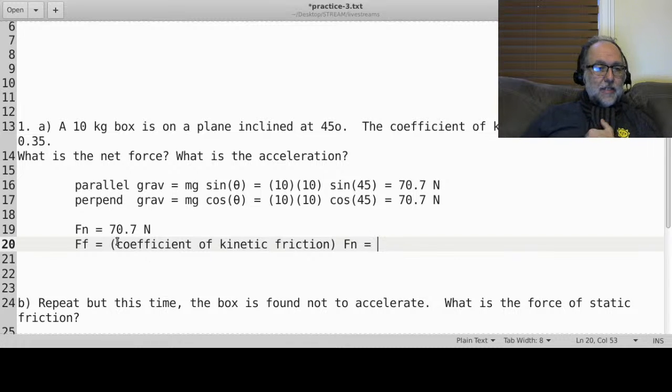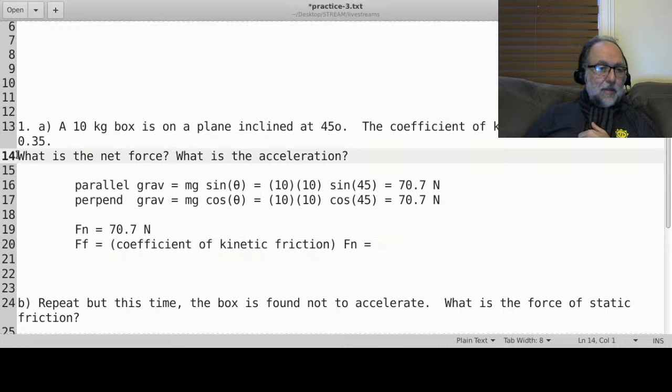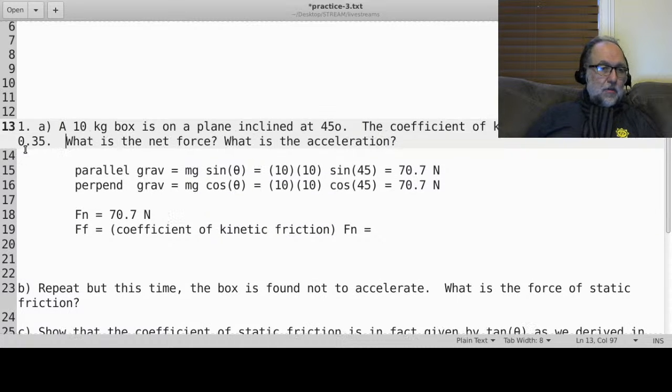Okay, now to understand this equation intuitively, what it basically says is that, you see how this is 0.35, that's like 35%. Basically, when you have a coefficient of friction, which is 0.35, it basically says that the frictional force is 35% of the normal force.